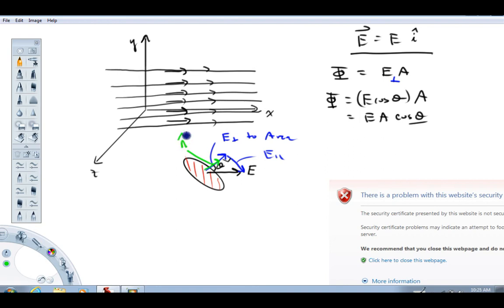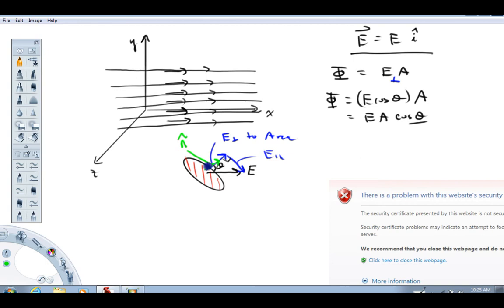So n hat here represents a unit vector perpendicular to the area. When we're doing the flux calculations, we take E cosine theta. That gives us the electric field component that's perpendicular to the area, but that component is parallel to the normal vector.